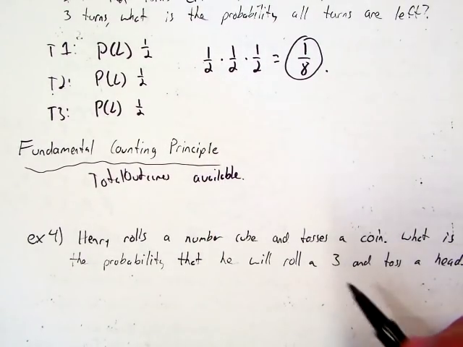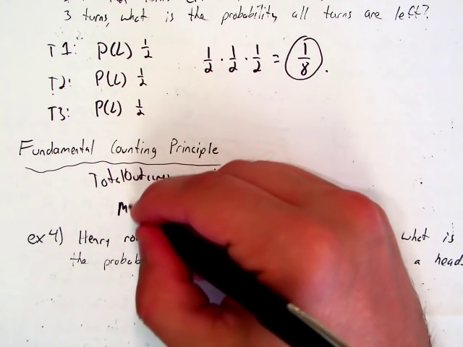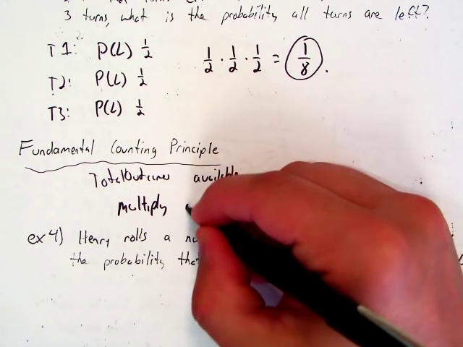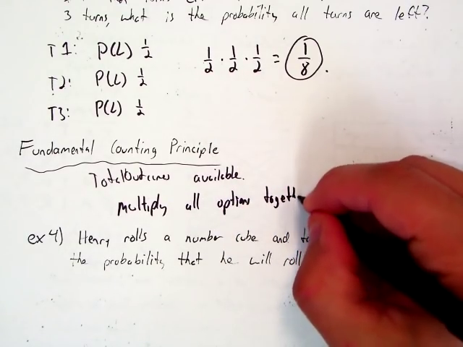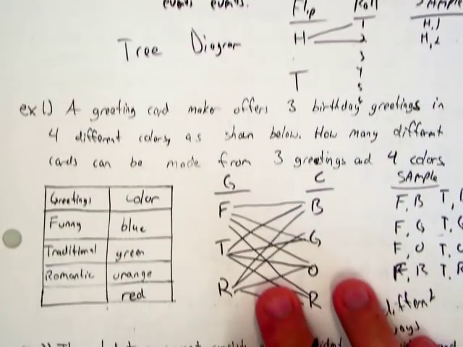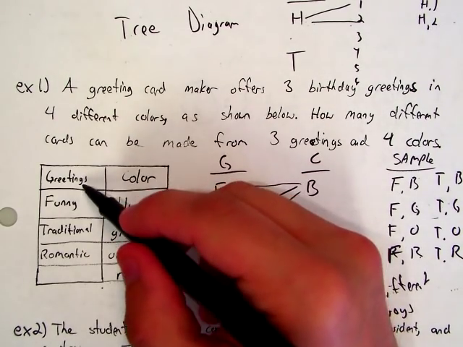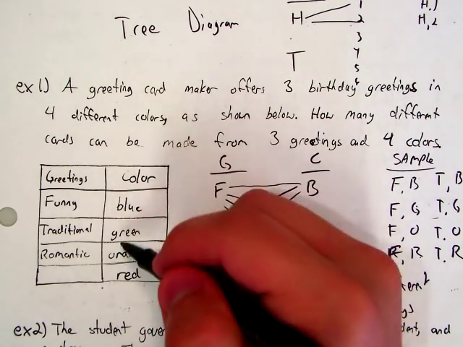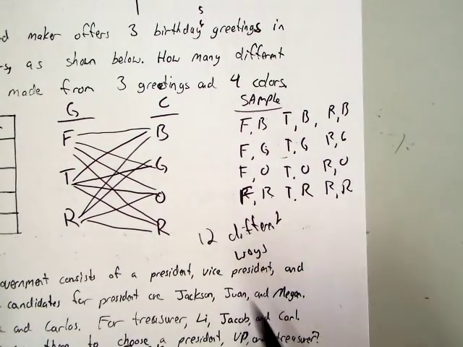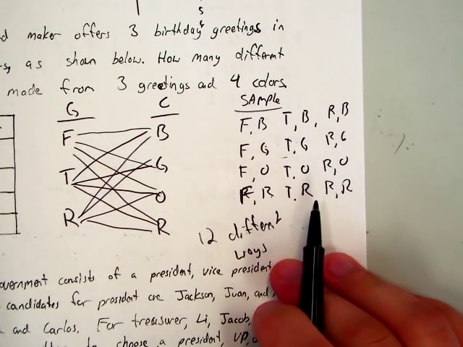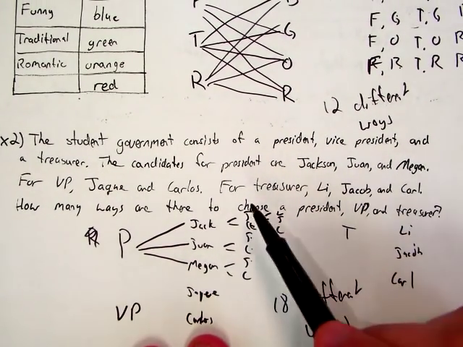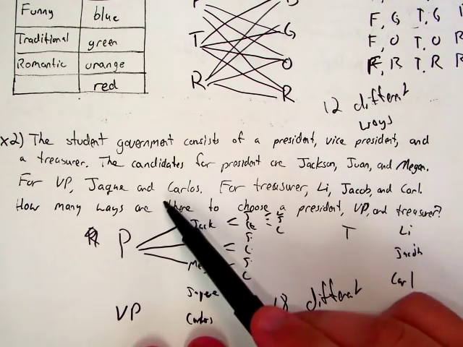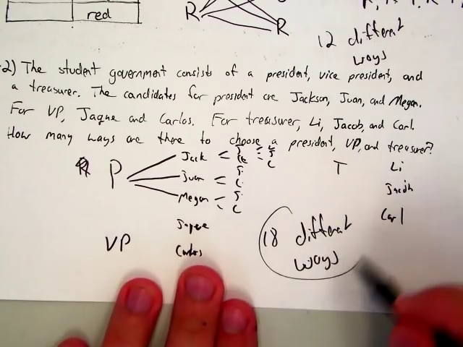And what you do is you multiply all options together. So for example, if we went back to example 1, for greeting you have 3 options, for color you have 4 options. 3 times 4 is 12. And that's how we got 12 different ways. Example 2, for president there were 3 options, vice president there were 2, treasurer there were 3. 3 times 2 is 6, 6 times 3 is 18, and we got 18 different ways.